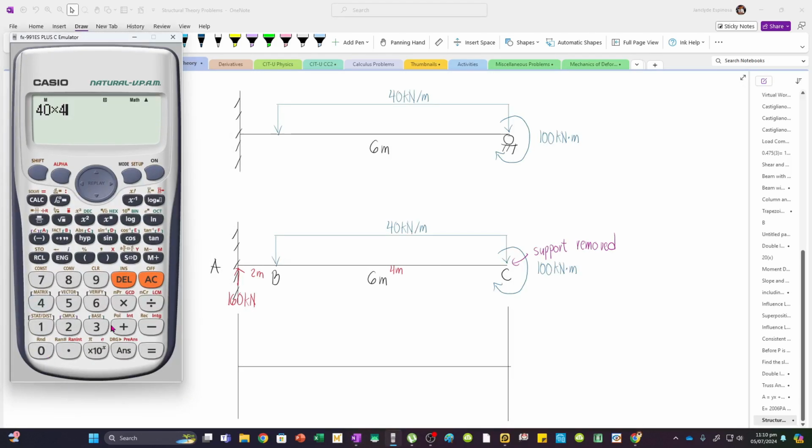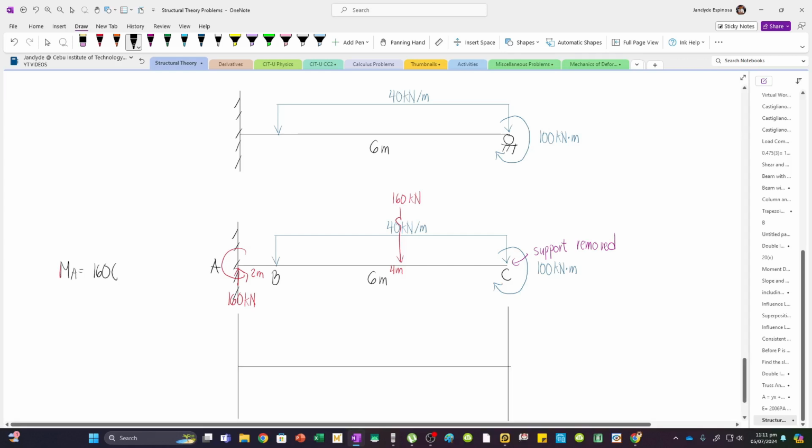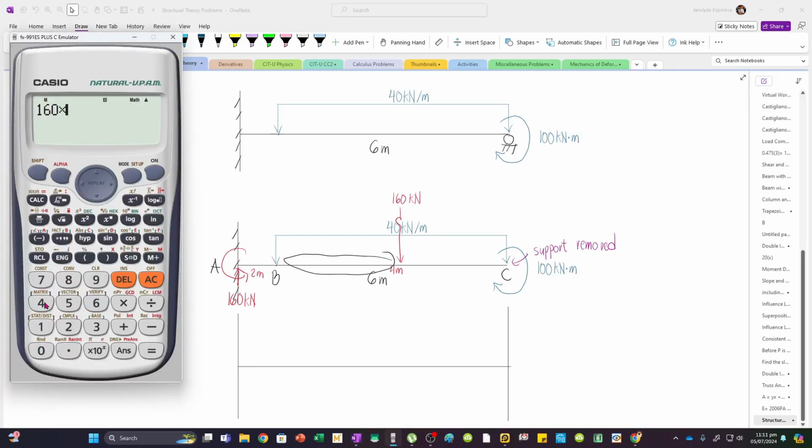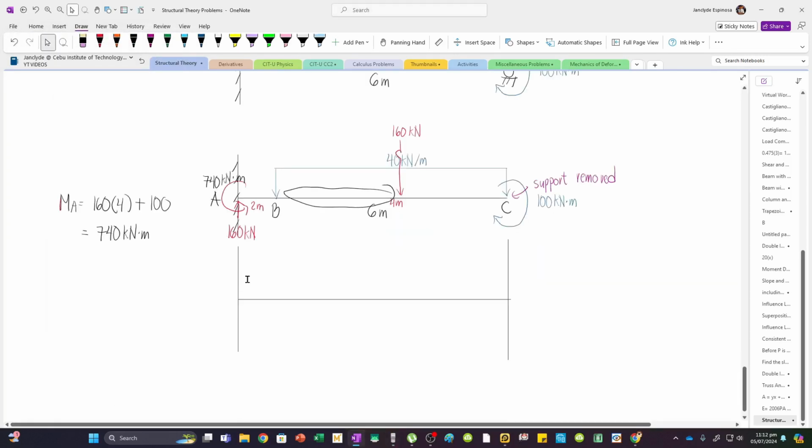Is that right? I'll just type it, I have trust issues. So 160, and the moment: we have here the resultant 160, and MA is 160 times, half of 4 is 2, 2 plus 2 we have 4, and then plus 100 kN·m again. It's acting clockwise, so MA is 160 times 4 plus 100. We have 740. Now we're going to write the moment diagram by parts.